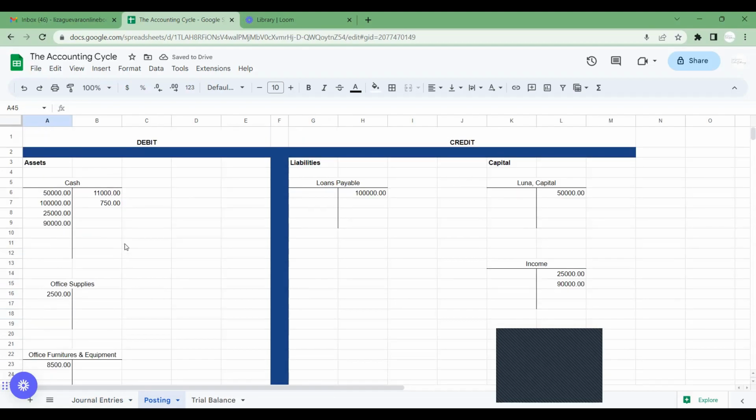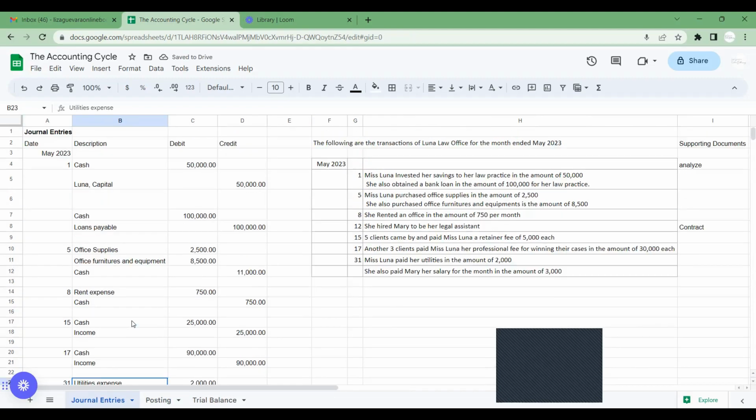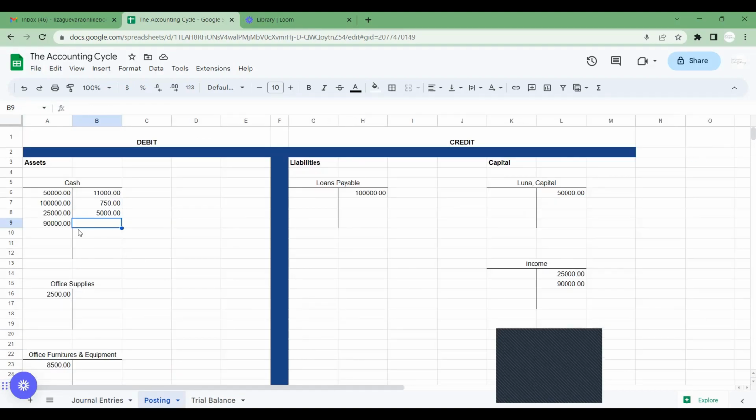And credit cash of 5,000. Okay. So we are now finished posting all the journal entries. So next we have to get the balances of each of the accounts.